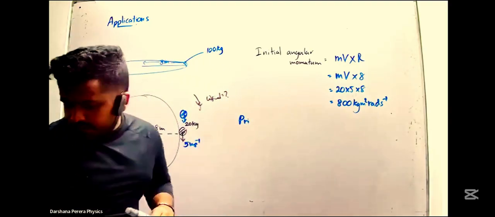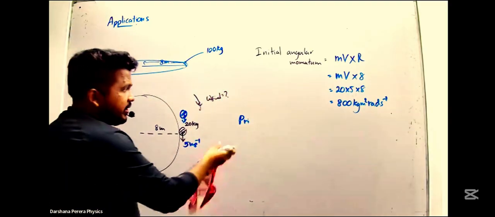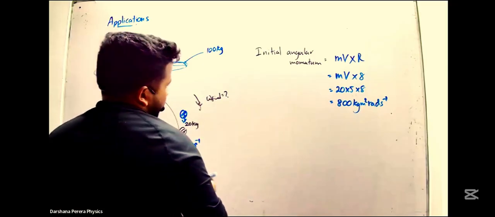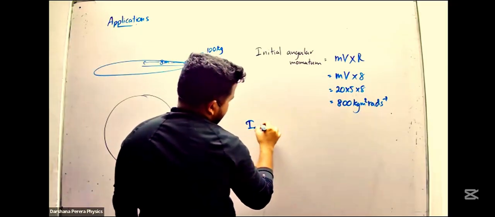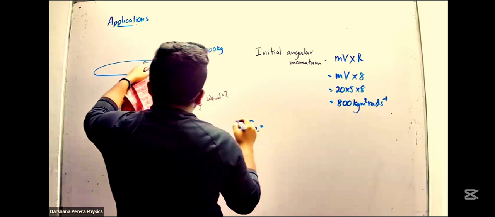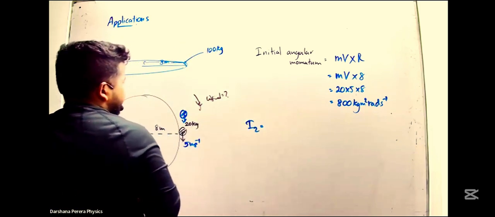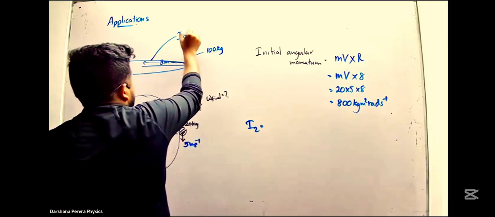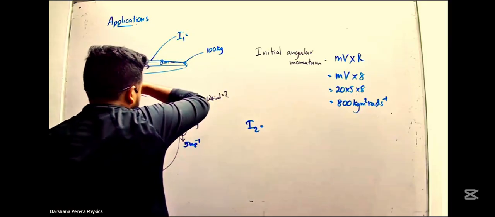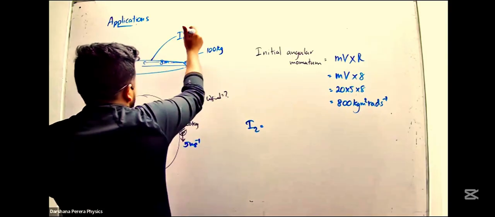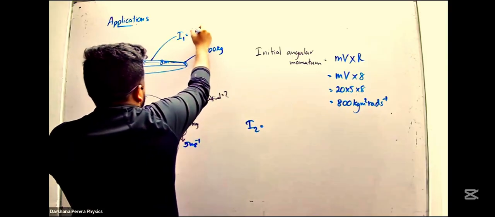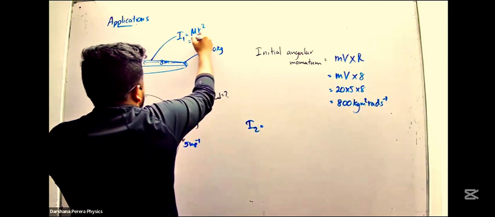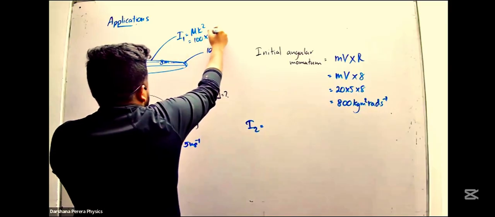Then after that, we have to take the I value. The radius of gyration is 3. The moment of inertia I equals m k square. That means 100 into 3 square.